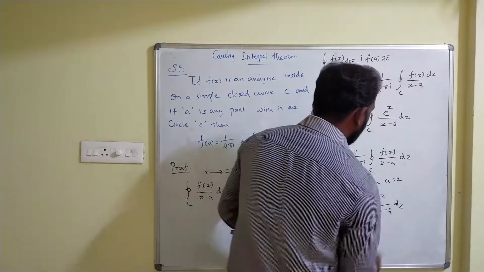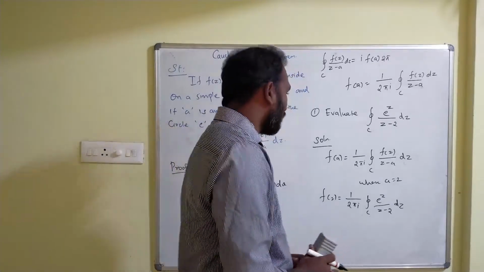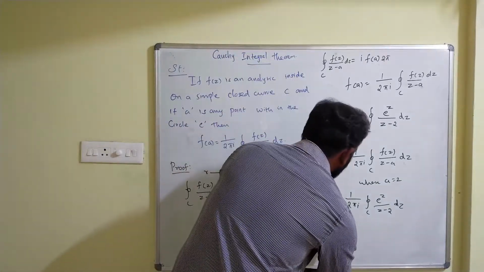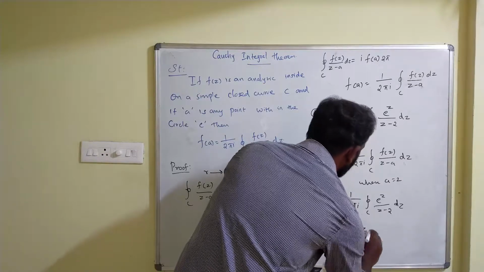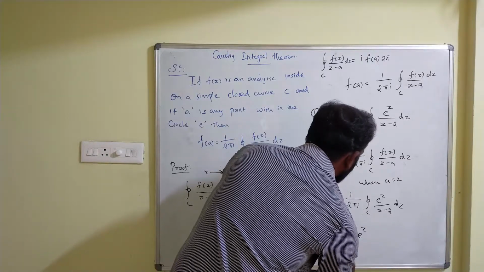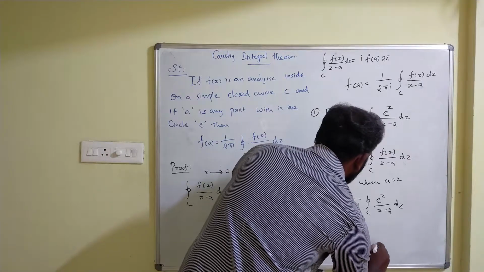Now we need to find only this value, so bring all the terms here, and before that we need to find f of 2. We know what f of z is, f of z is equal to e power z. Therefore f of a, that is f of 2, is equal to e power 2.